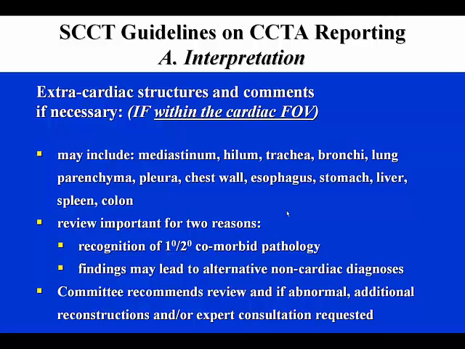This review is felt to be extremely important for recognition of primary and secondary comorbid pathology, and these findings may also lead to alternative non-cardiac diagnoses. The Committee for the Society of Cardiovascular Computed Tomography recommended review and, if abnormal, additional reconstructions and/or expert consultation on these particular extracardiac structures.